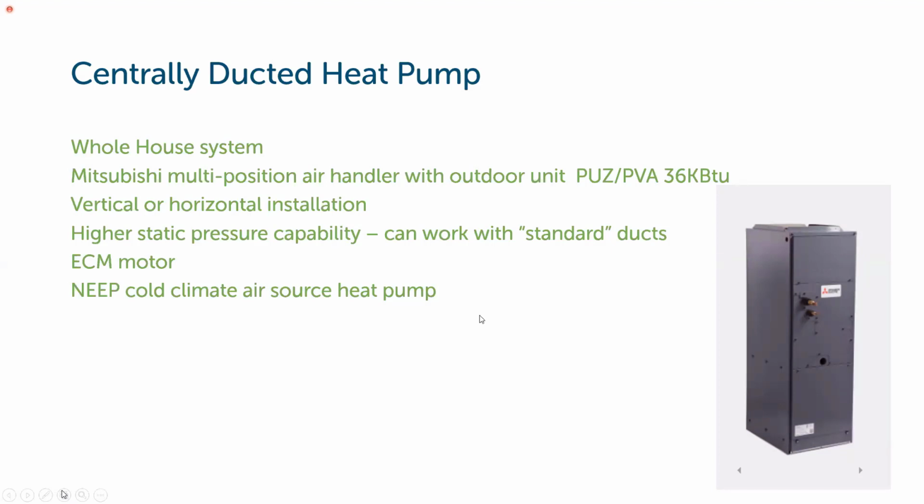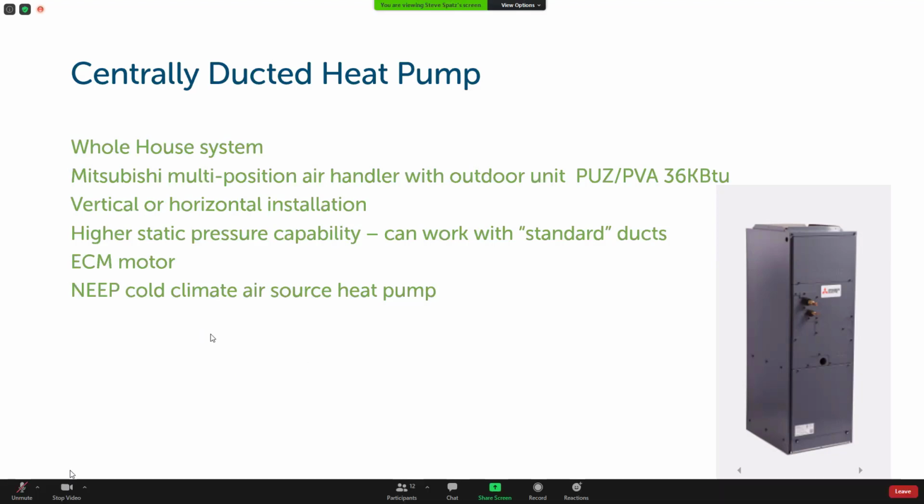These are designed, Mitsubishi, there's an option shown here for a 3-ton unit for a standard centrally ducted system. It does have higher static pressure capability, which means it's designed around standard duct layout and design. It has an ECM motor, so it's modulating for its output. So these are options for looking at whole building ducted systems.